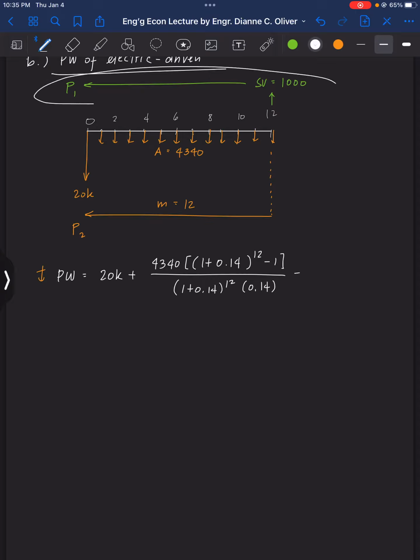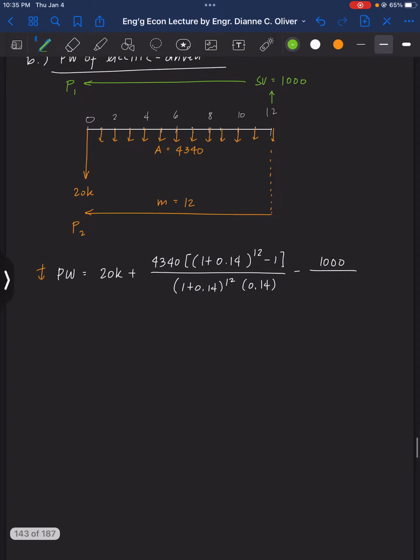How many annual payments? There were 12 annual payments. Minus the SV. Using compound interest formula, this is 1,000 divided by 1 plus 0.14 raised to 12, since it is 12 years.